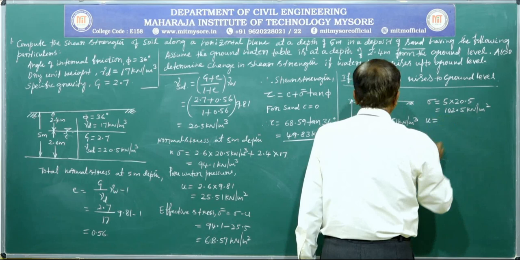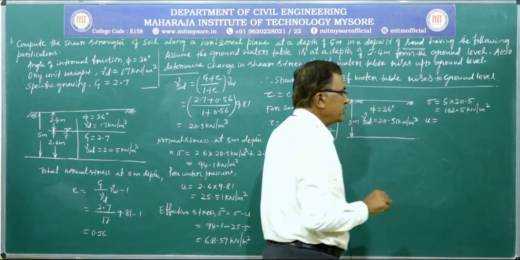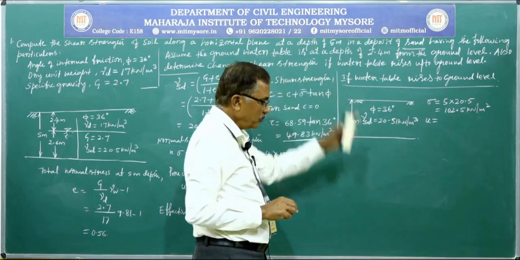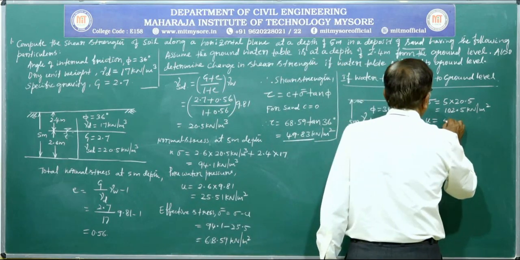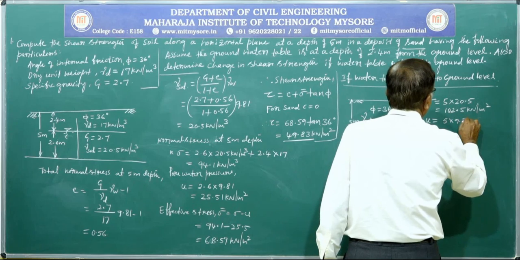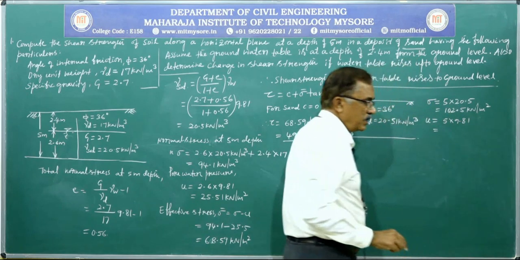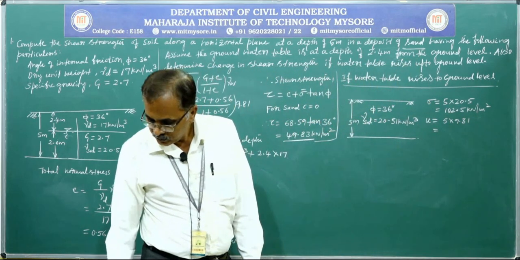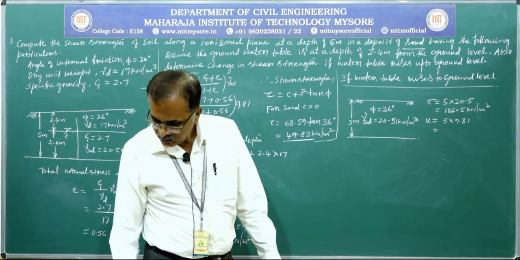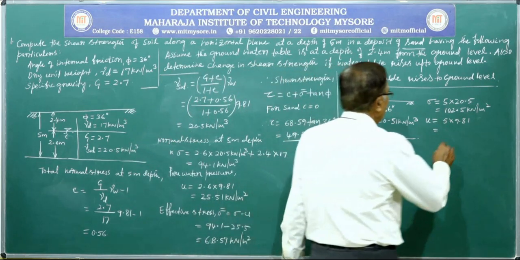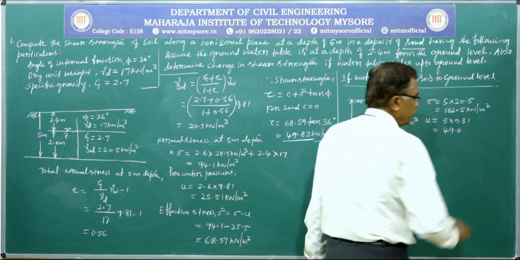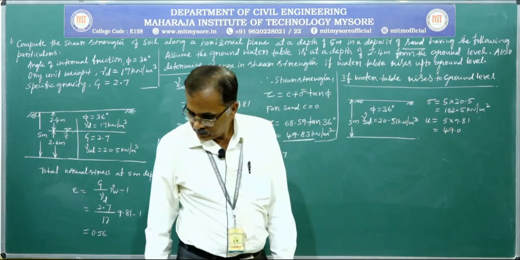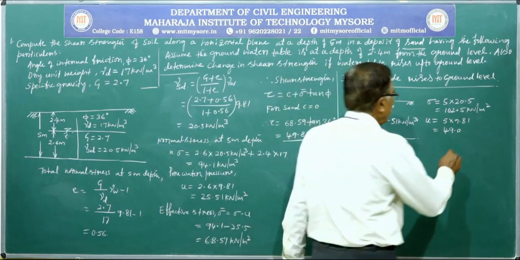Then pore water pressure, if you insert piezometer, pore water pressure will be that height of 5 meter, that is 5 into 9.81 is equal to 49.05 kilonewton per meter square.